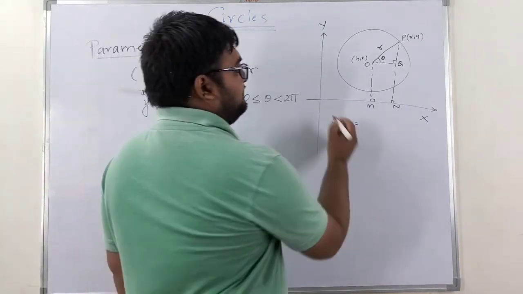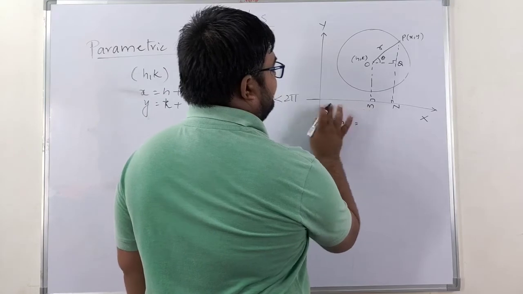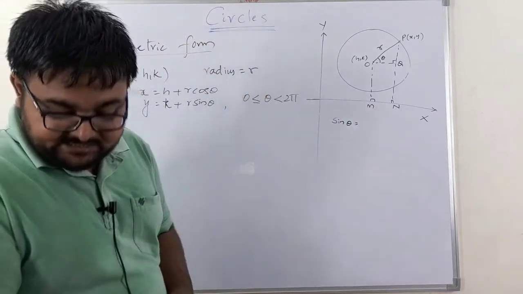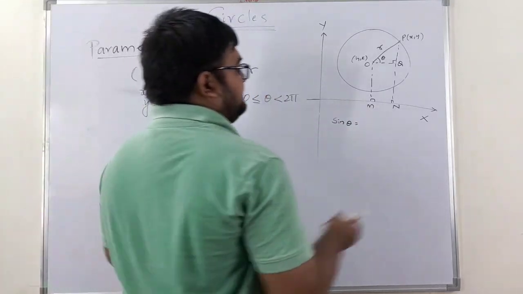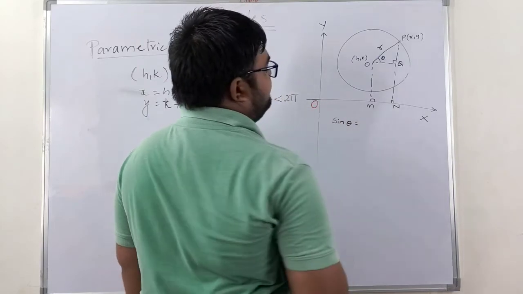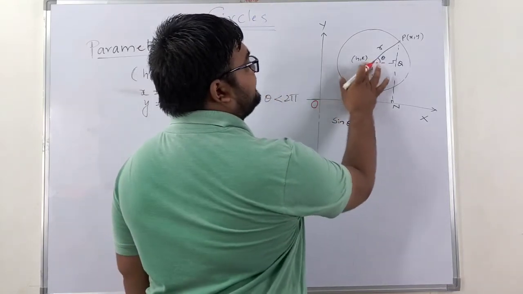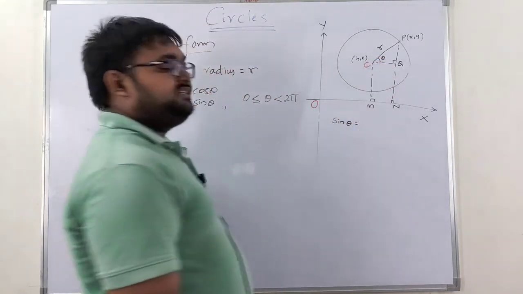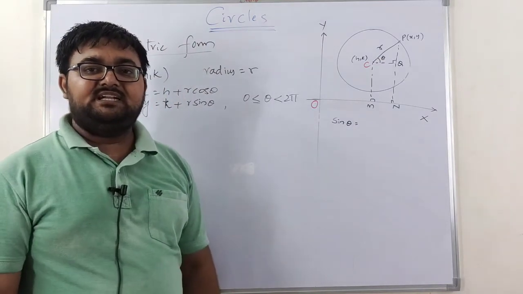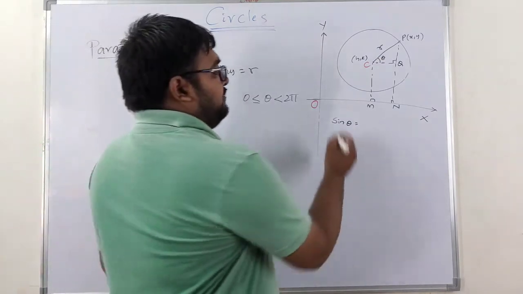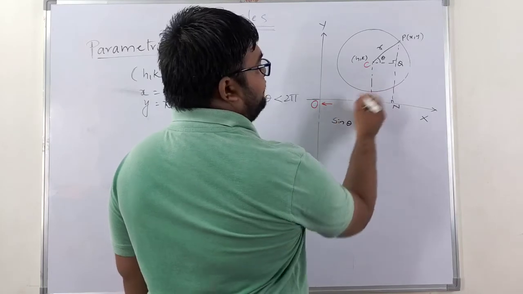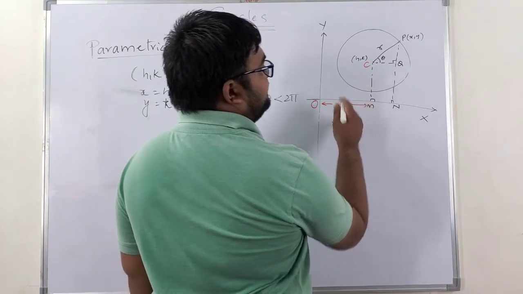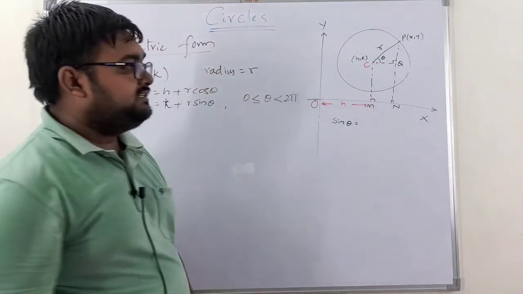Now let us see what this distance is. That distance is some h, right? Since the origin is already taken, let this point be the center C. Now what is this distance OM? OM is nothing but h, because this is the horizontal distance.